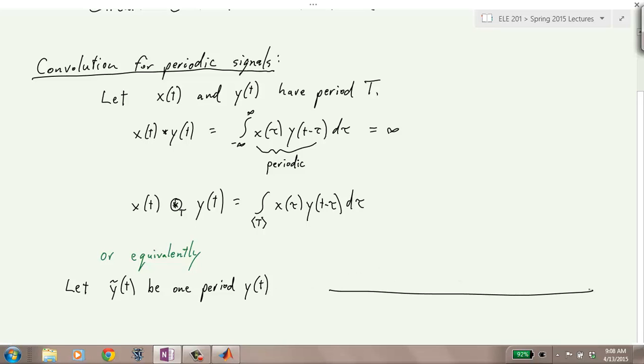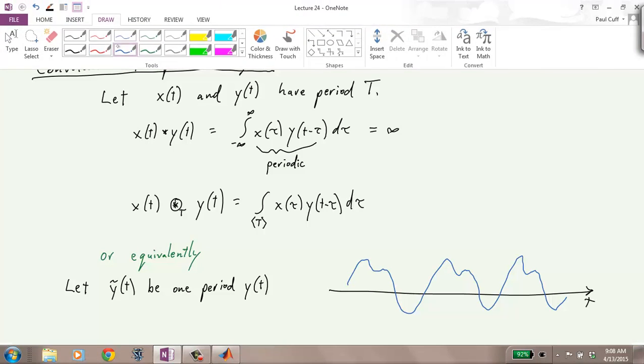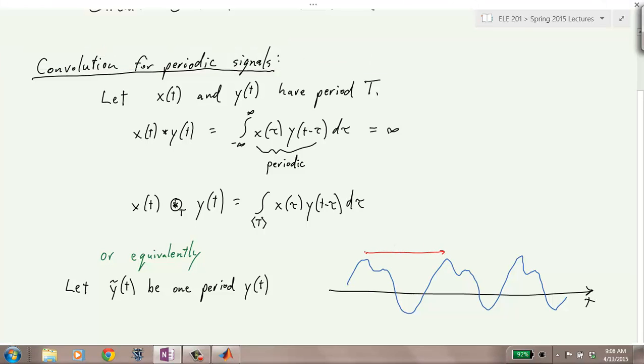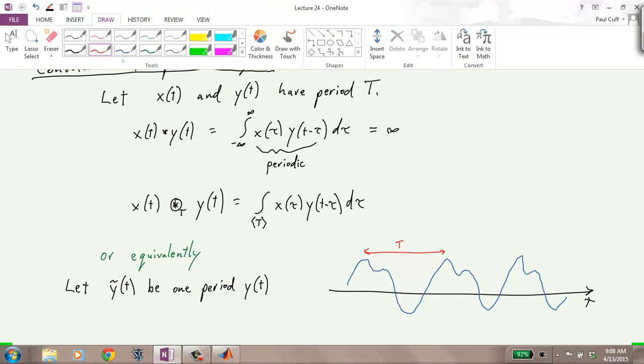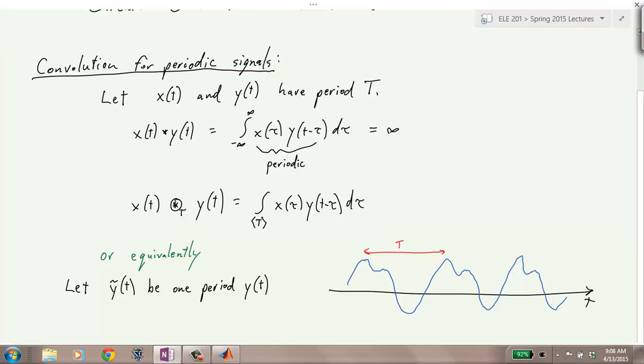If y of t was like this, then y tilde would just take any one period, and it would be 0 everywhere else. So it's just one period of this thing.